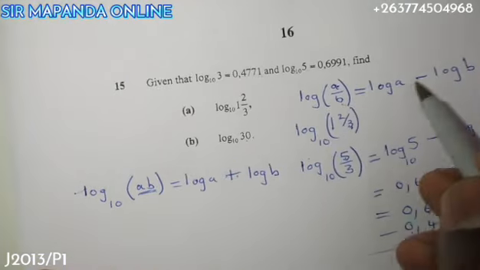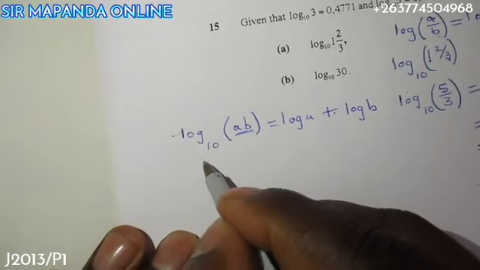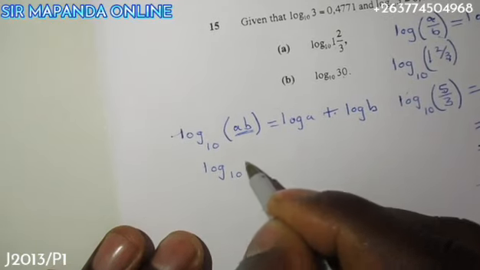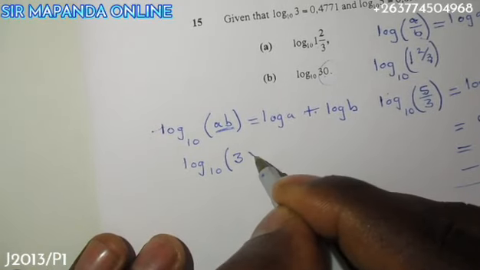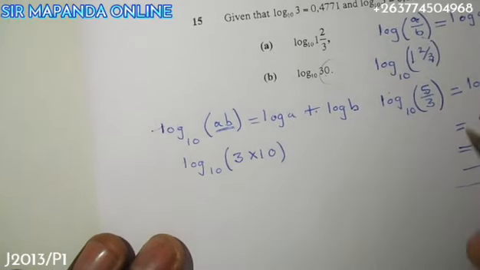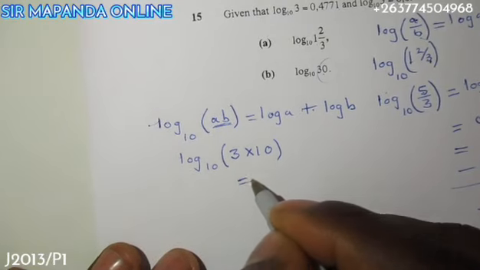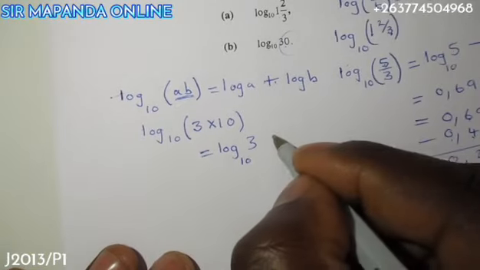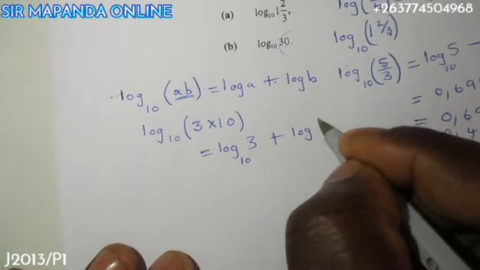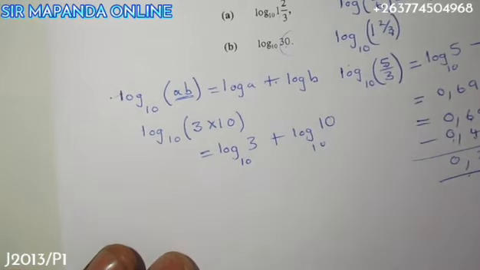But when you divide, you subtract. So I need to identify two numbers which give me 30. And those two numbers are 3 times 10. So if we expand this, you get log 3 to base 10 plus log 10 to base 10.